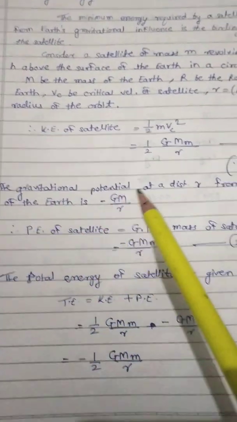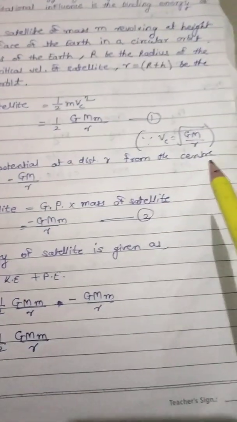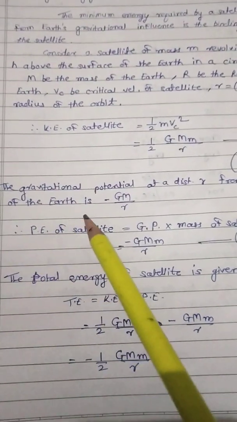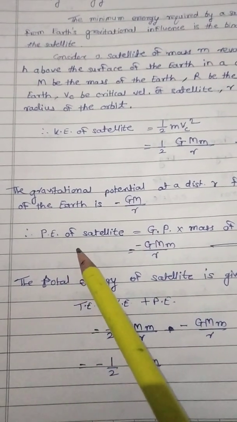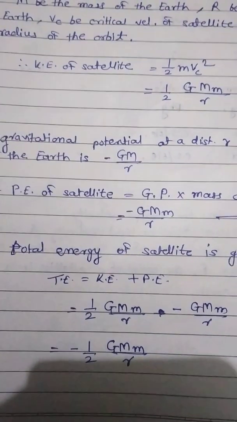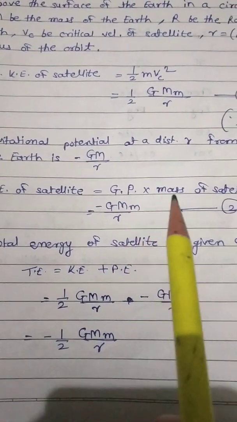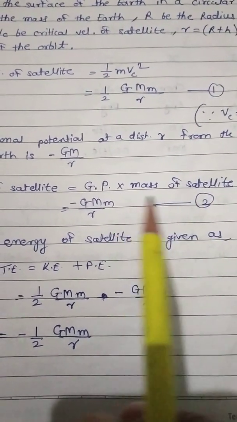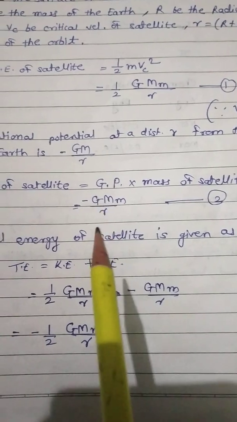The gravitational potential at a distance r from the center of the earth is minus GM upon r. So the potential energy of the satellite is the gravitational potential times the mass of the satellite, small m, that is minus GMm upon r.